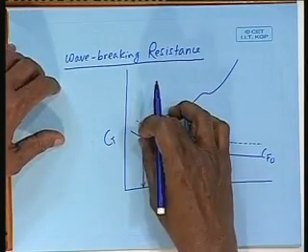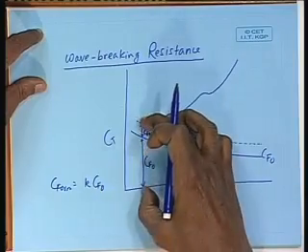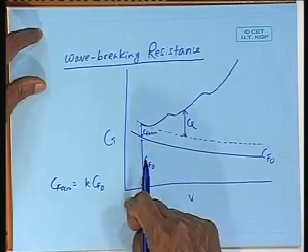What is this C form? We have defined it as the 3-dimensional friction form effect. That is, C form we have said is equal to 1 plus k Cf0. So, total frictional resistance is 1 plus k Cf0.